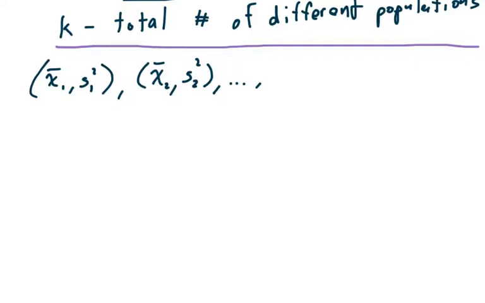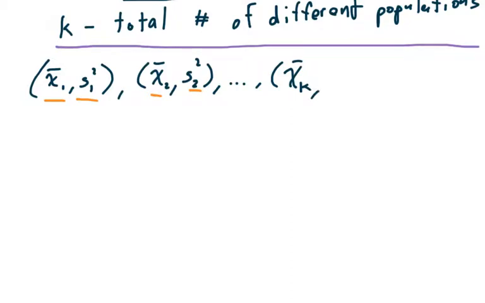So we have x-bar subscript 1 and S1 squared. We have x-bar subscript 2 and S subscript 2 squared, and so on and so forth. I just put dot, dot, dot, and we'll go all the way up to, remember, there are K different populations that we are comparing.